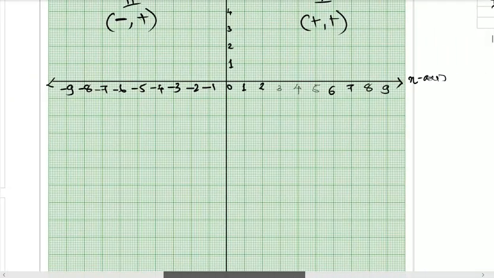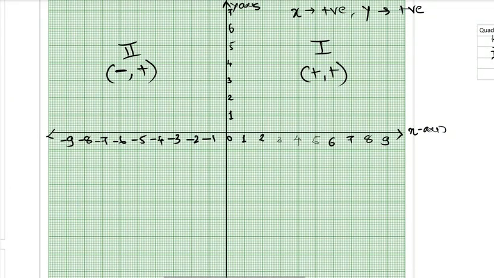Let's come to the third quadrant. Where will be the third quadrant? This is first, this is second, so this will be the third quadrant. And here I will write nothing. X-axis, y-axis, okay. X dash some people write, but it's okay. So I'm just going to mention the numbers over here. So this will be minus 1, minus 2, minus 3, minus 4, minus 5, minus 6.